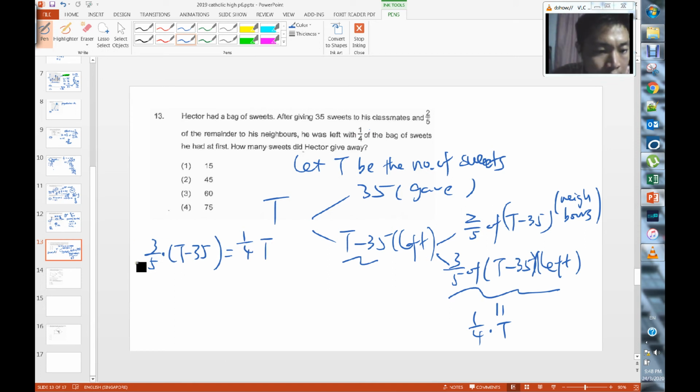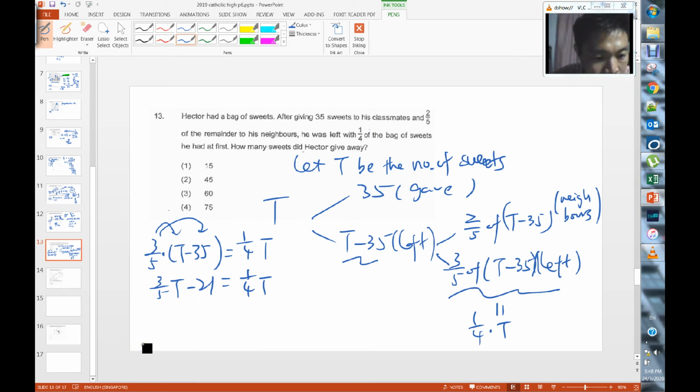In this case, you have to open the brackets. The first arrow will give you 0.6 T, the second arrow will give you 21, and then you should get 1/4 T. Next you need to park all the T on one side and the non-T on the other side.